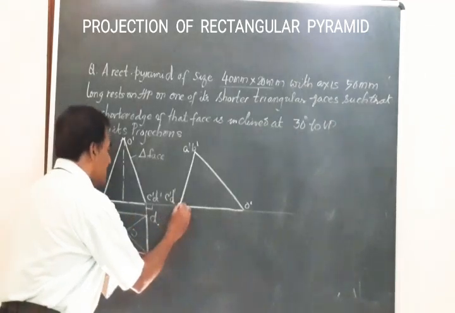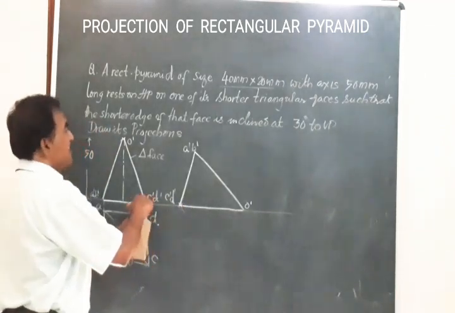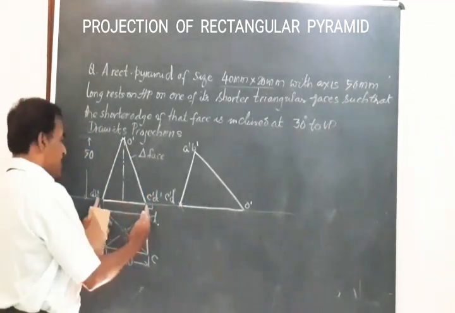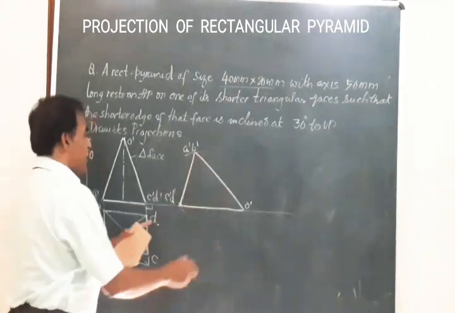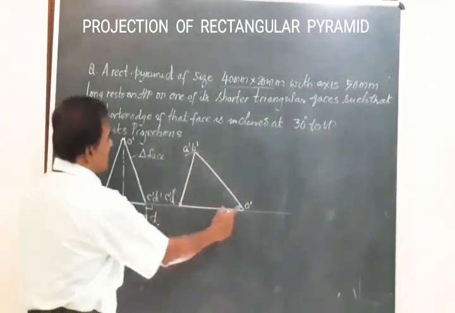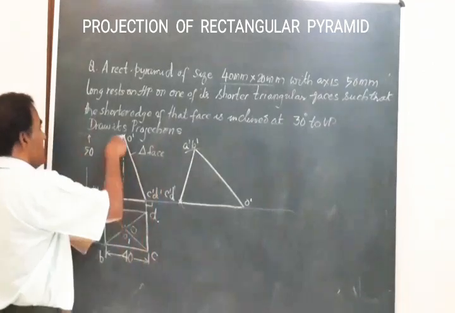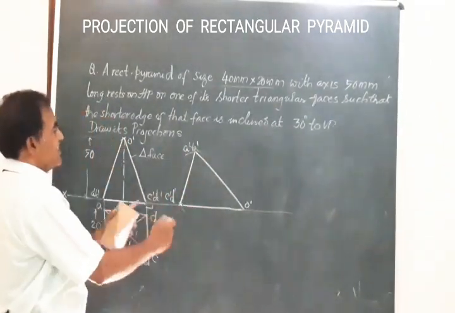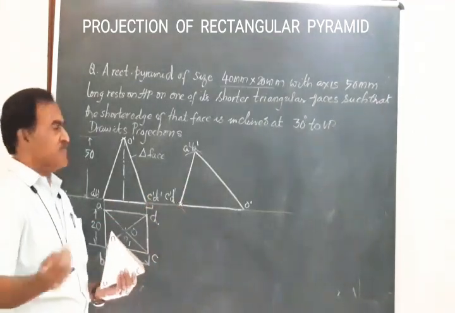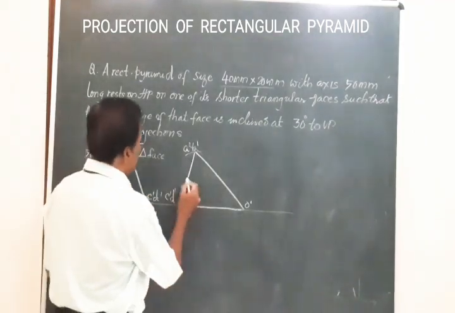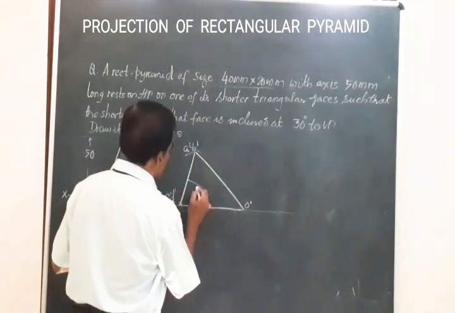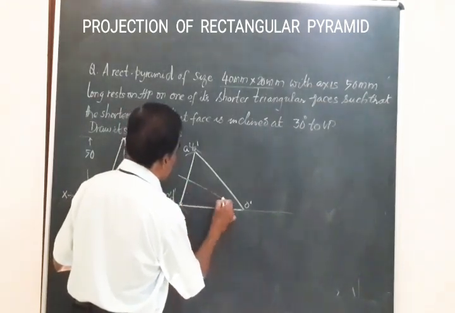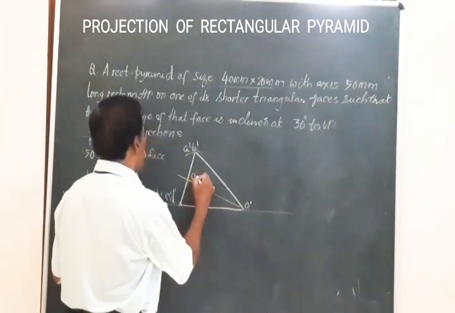From center C dash, D dash, and radius equal to this value, that is 40 mm, draw an arc. Similarly, with this as center and length equal to O dash, A dash, B dash, draw another arc. The point of intersection of these two, a simple construction of the triangle. Now mark exactly in the center the axis of the solid. So this is your O1 dash.